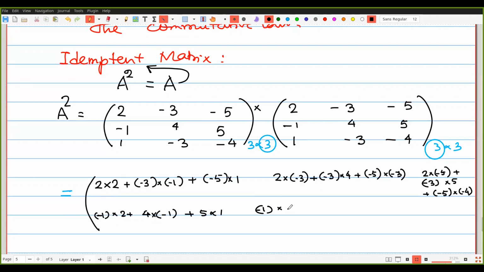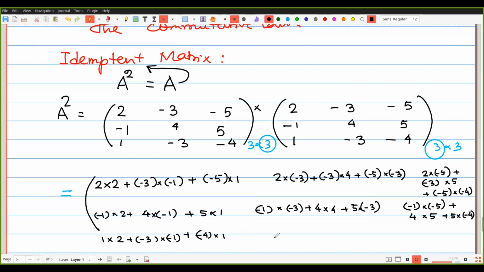Then -1 into -3, 4 into 4, plus 5 into -3. Second row, third column: -1 into -5 plus 4 into 5 plus 5 into -4. Third row, first column: 1 into 2 plus -3 into -1 plus -4 into 1.